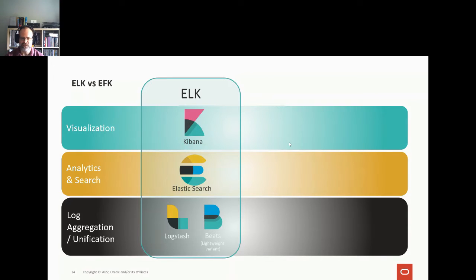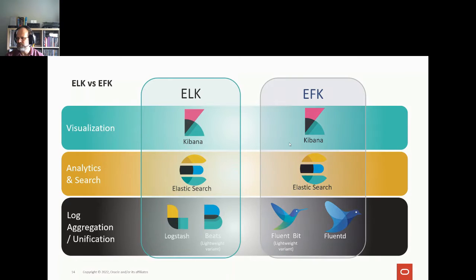And then we've got the FluentD version of that, which is becoming known as EFK. Elasticsearch is still there. Kibana is still providing the visualization, but rather than using Logstash and Beats, which is its lightweight one, you've got FluentD and FluentBit.